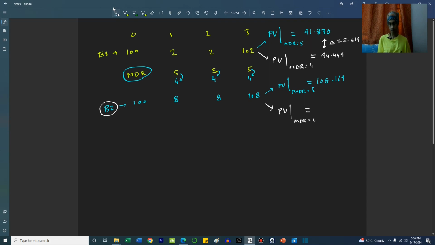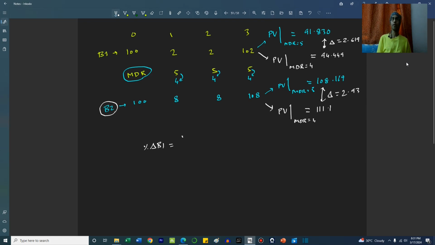This comes to be 111.1. Now, here the difference comes to be 111.1 minus 108.169. This is 2.93.